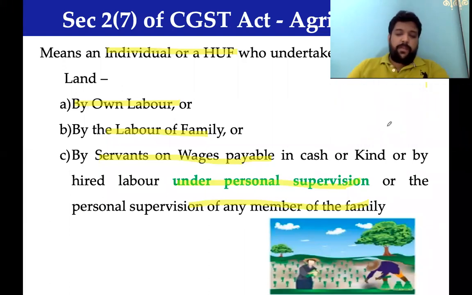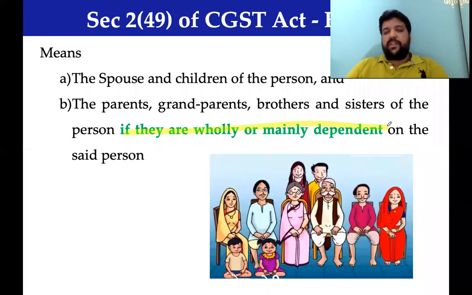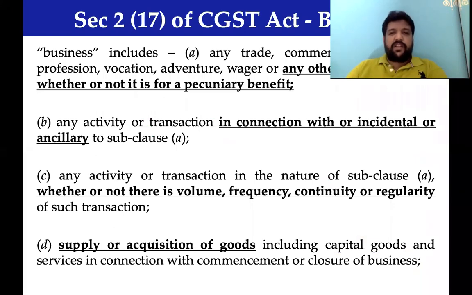So we'll do one thing. At this level of definition discussion, we will stop, because the other definitions lined up for discussion are all important and would request us to spend some more time, be it the definition of business, 2(17) business, 2(31) consideration, or 2(6) aggregate turnover.